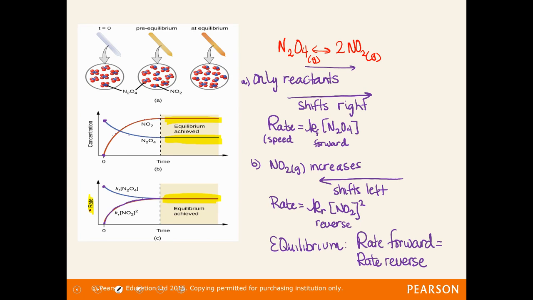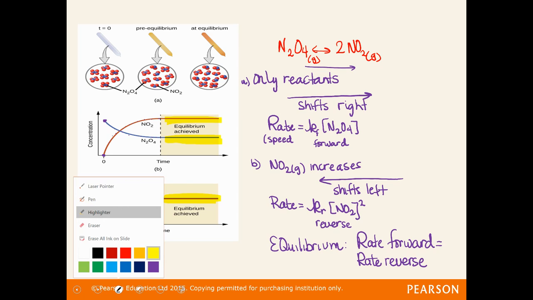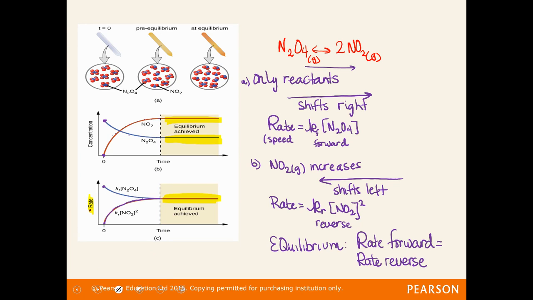But what I want you to understand is that since this reaction goes backwards and forwards, it's essentially what's known as a reversible reaction. And at equilibrium, we have a little bit of both. You know, we have NO2 and N2O4 present.